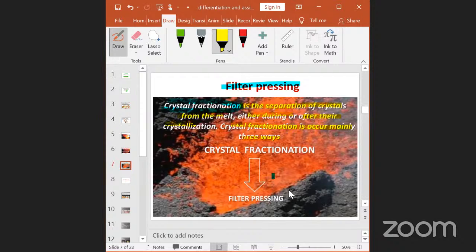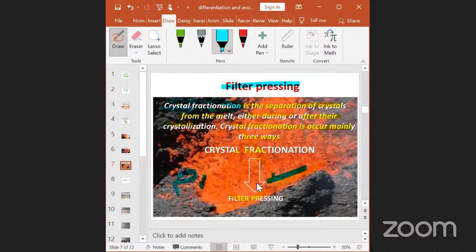What happens is that pressure is applied to the crystallizing magma, and it separates the fluids and the solid part. Filter pressing is a process that occurs during the crystallization of intrusive igneous rocks, in which the interstitial liquid is separated from the crystals by pressure, right?